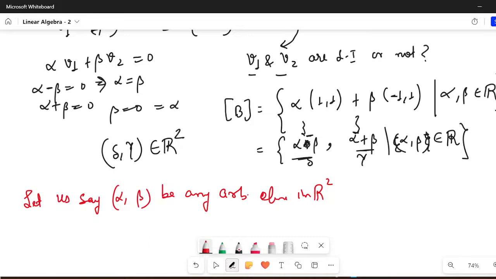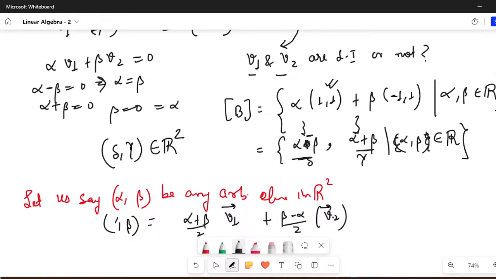Yes, I can do so. Here it is: I can write alpha comma beta as alpha plus beta upon 2 times the v1 vector, where v1 vector was 1 comma 1, plus beta minus alpha upon 2 times the v2 vector. You can confirm it on your own.